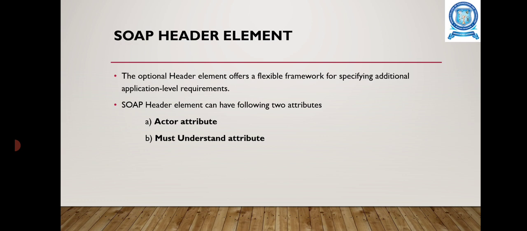Actor attribute means the SOAP protocol defines the message path as a list of SOAP service nodes. By setting the actor attribute, the client can specify the recipient of the SOAP header. Then next one is the mustUnderstand attribute. It indicates whether a header element is optional or mandatory.